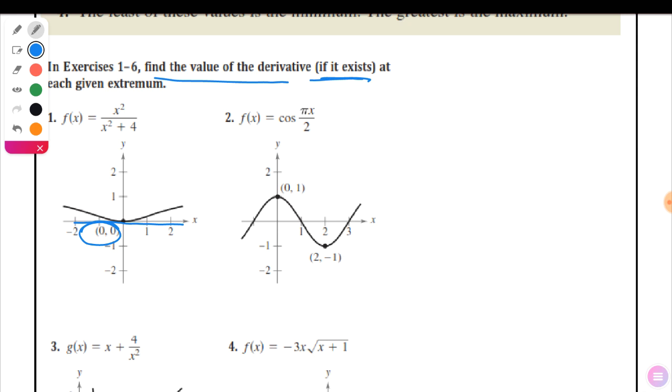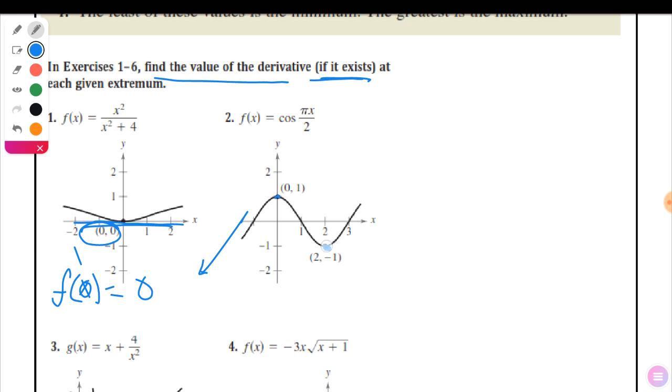If it has a horizontal tangent, as you see, the derivative of the function at 0 will be 0, because it has a horizontal tangent. Here, as you see also, this extremum and this extremum are relative minimum, because maybe I have less than it. As you see, this function goes to negative infinity.